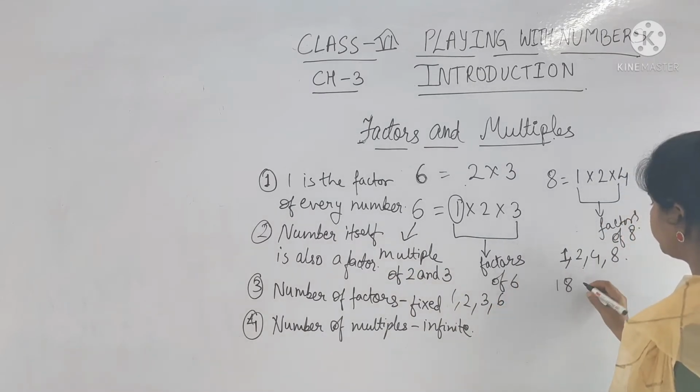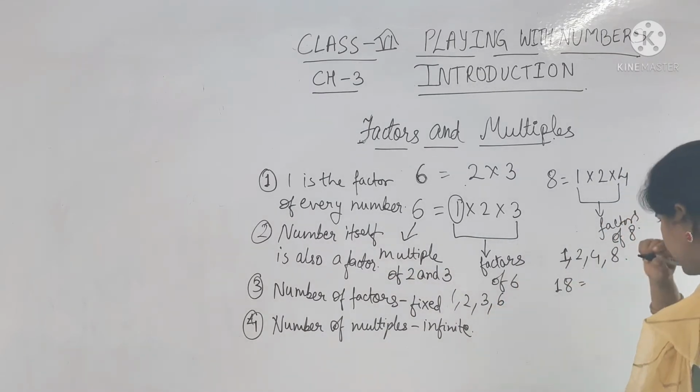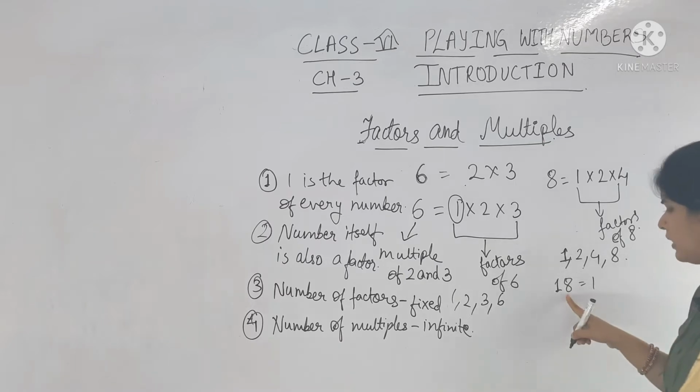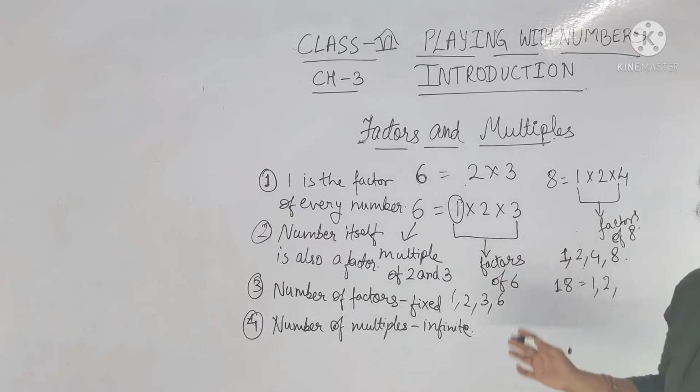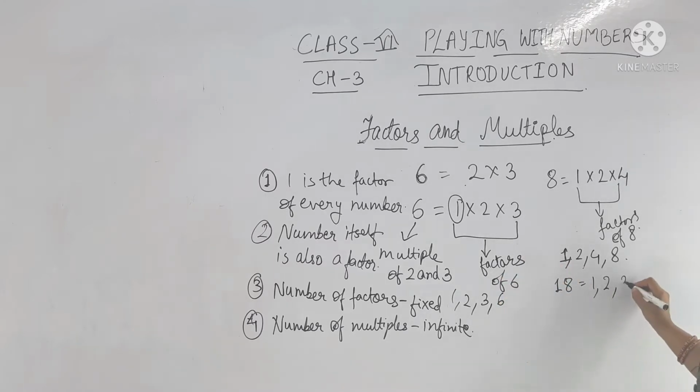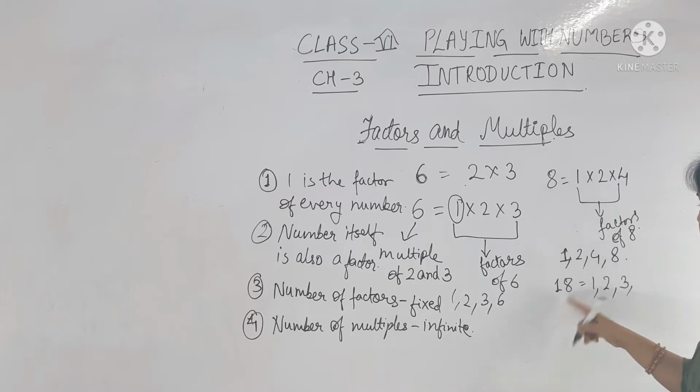Like 18, so we know that 1 is the factor, 2 is a factor as 18 is divisible by 2, okay, then 3 is also, 1 plus 8 is 9. I will tell you about the divisibility, how you will check. So here 3 is a factor, 4 is not the factor, then 5 is not the factor, 6 is the factor, 7 is not the factor, 8 is not the factor, 9 is the factor.